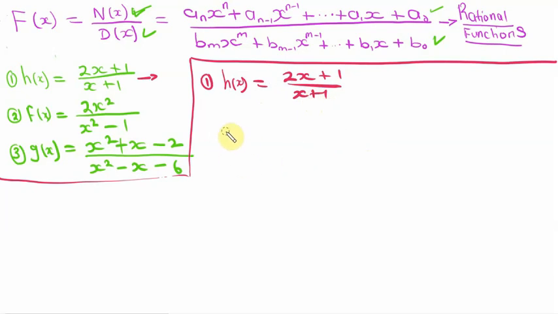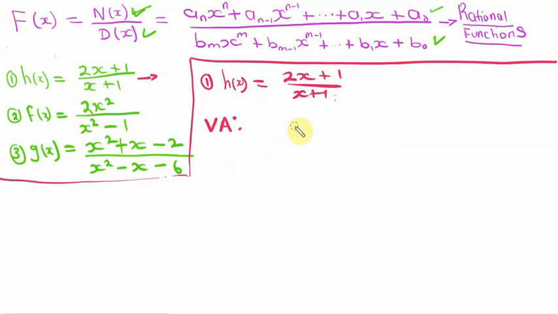The first thing that we need to look at before plotting or sketching is the zeros of the denominator. The reason being, at the zeros of the denominator is where our vertical asymptote is located.